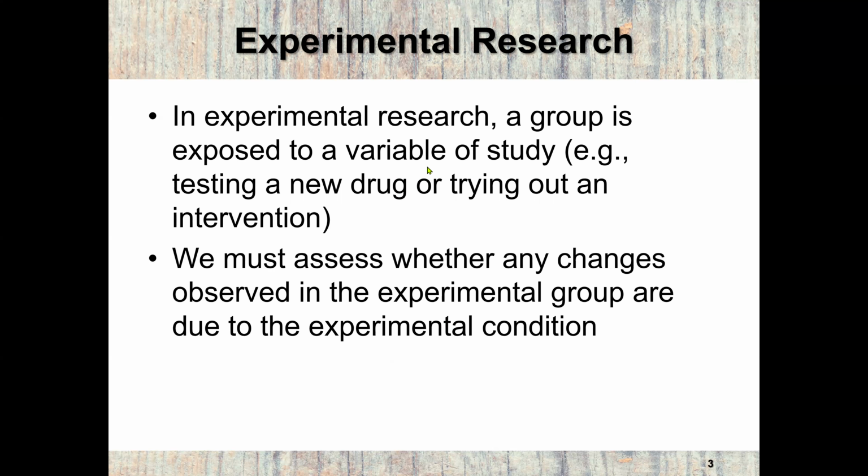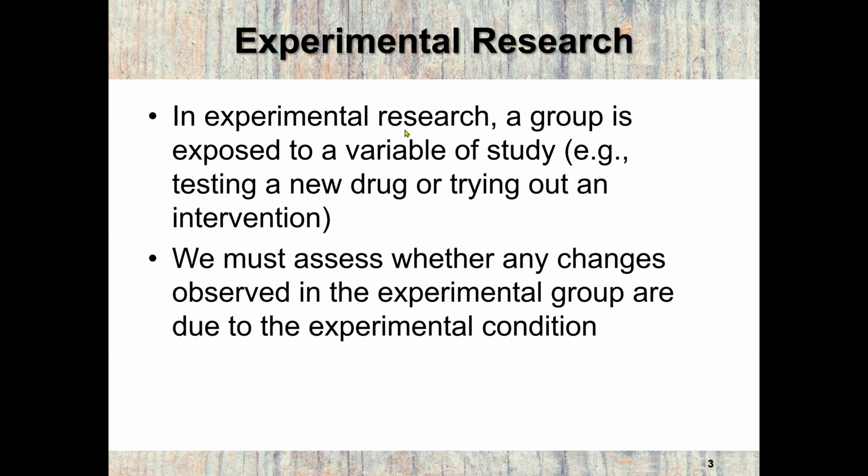Experimental studies also allow us to study cause and effect, not only association or relationship between two or more variables. So an example can be testing a new drug. Here we have the new drug, we administer it to a biological agent, and we see the reaction after some period of time. So experimental research is very good.